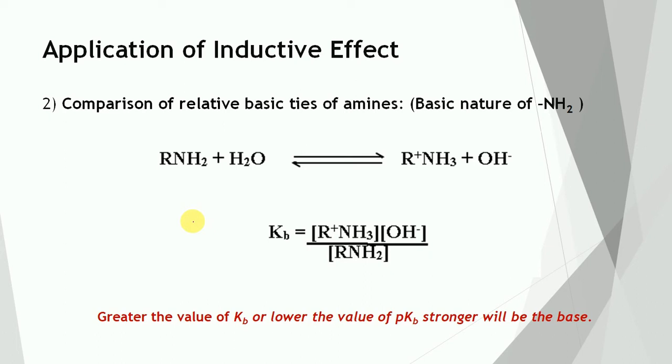Comparison of relative basicity of amines. To explain the basicity of amines, we again take the equilibrium of amine in aqueous solution, where it can exist as alkyl ammonium ion and OH minus ion.